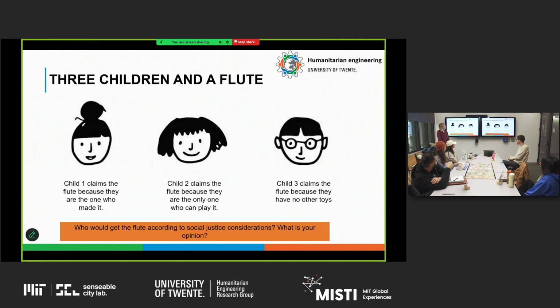Utilitarian, you maximize the utility, so that would maybe be number 2 because they're the only ones who can play it. But it could be 1, 2, I guess. Isn't one like the property? Because you put labor into it, that's why it should belong to you. Yeah, it seems more deontological, like the rule is that if you made it, you should have it.